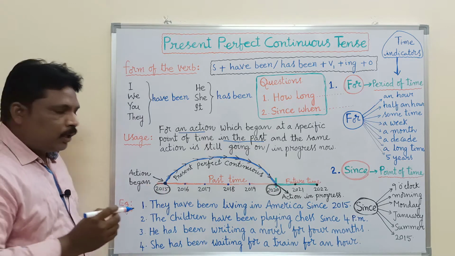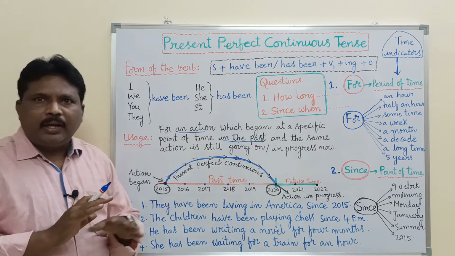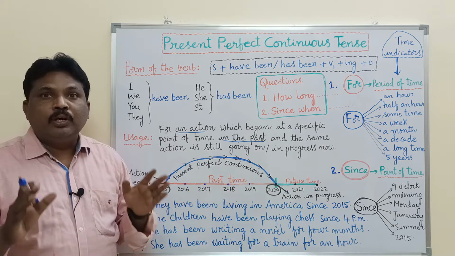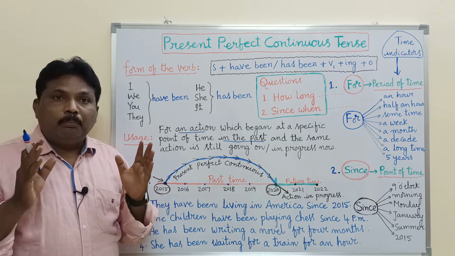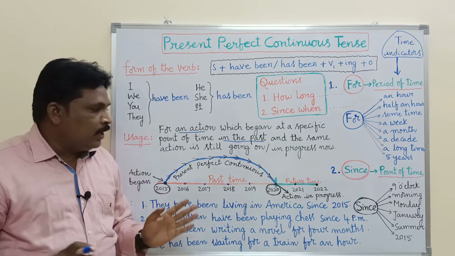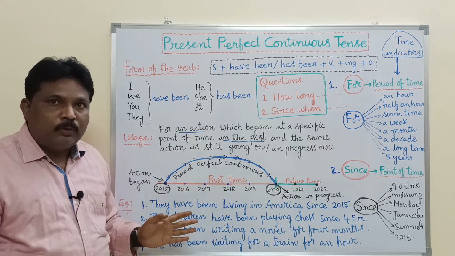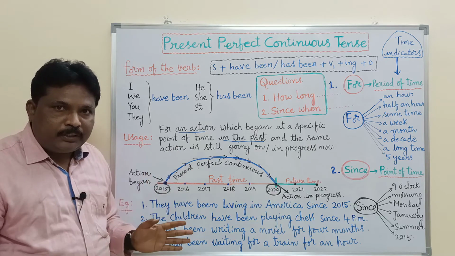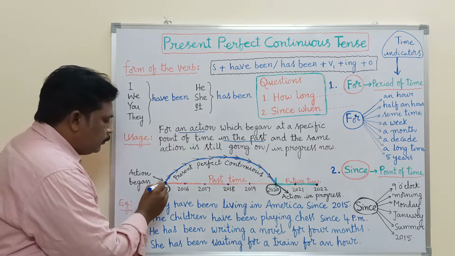All of you observe this diagram very carefully so that you will never forget the usage of present perfect continuous tense. In order to make all the students remember this usage forever, I have drawn this diagram, and if possible you can also write it or draw it in your notebook and learn the usage.